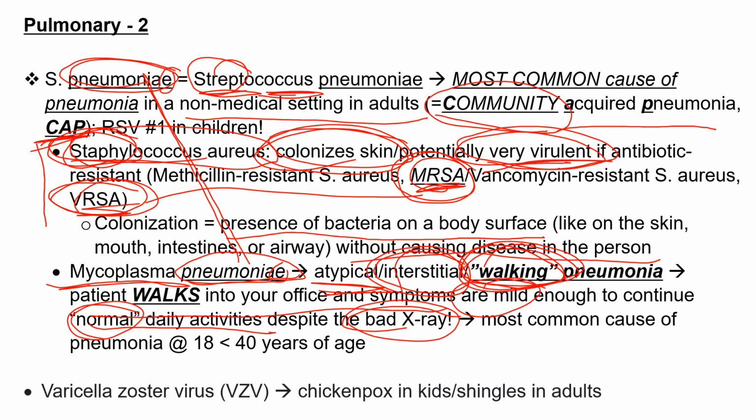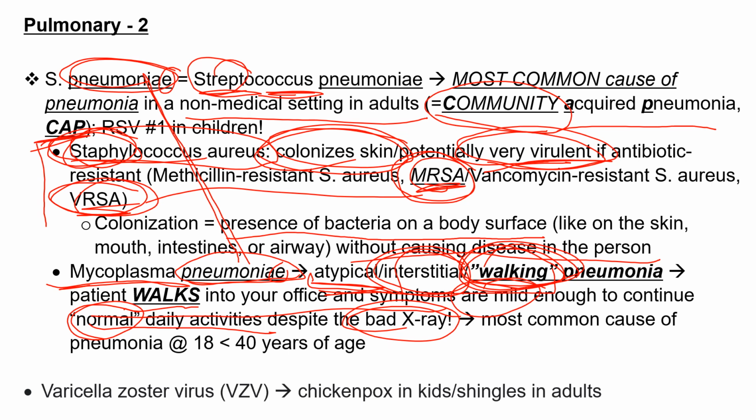Because the patient kind of walks into the office versus feeling so bad that he or she can't do anything, we call it also walking pneumonia. So this mycoplasma pneumonia causes atypical, interstitial, walking pneumonia, and these three terms are used interchangeably.